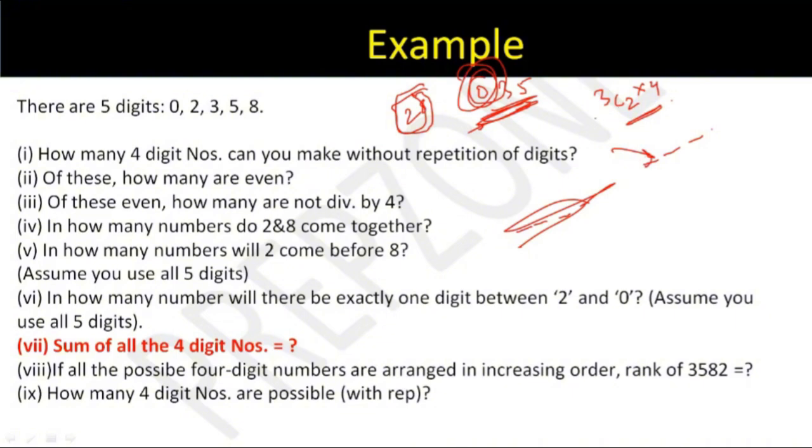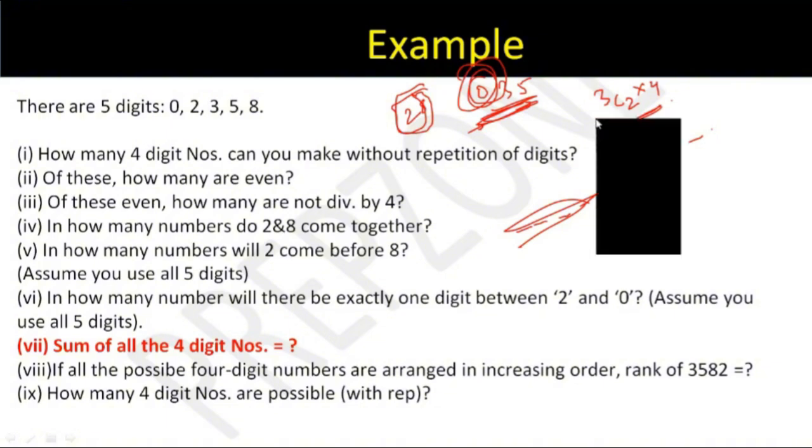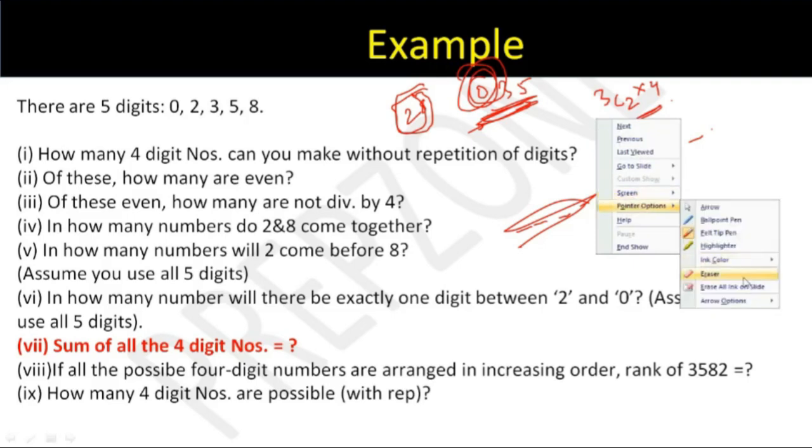Because when you do NCR, you cannot control whether 0 can be there or not. So whenever in a question you have 0, it's a red mark for you that you can't apply the NCR thing. You'll have to go by manual observation. How many digits can come here, separate out 0, and then make cases and then solve it. Okay? Perfect.